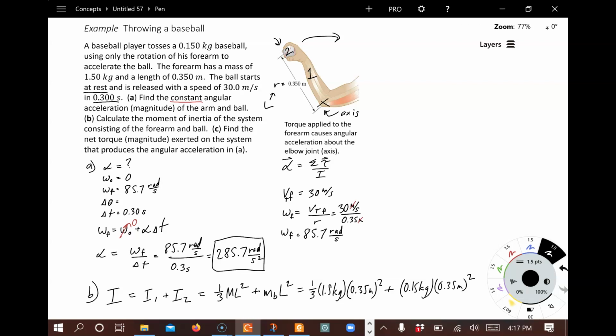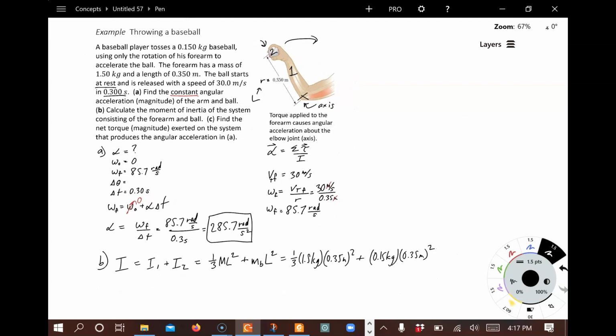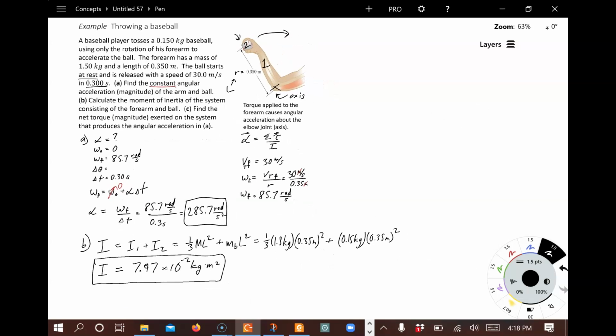And when we put all those into the calculator, this is the answer we get for part B. We get 7.97 times 10 to the -2 kilograms meters squared. And there is our answer for part B, the moment of inertia of the forearm and ball system as it rotates.